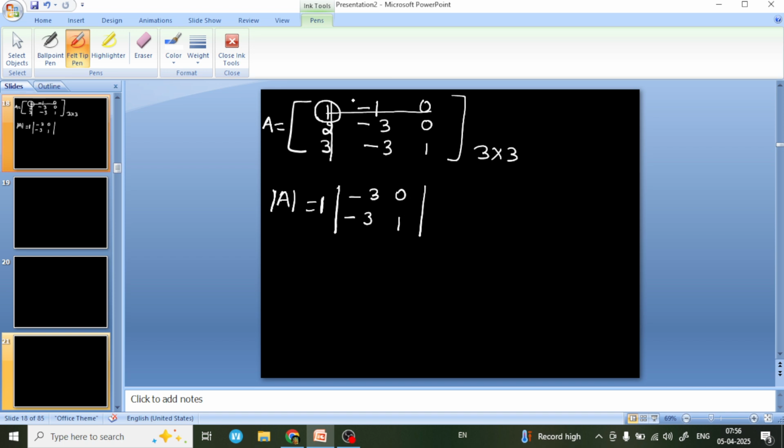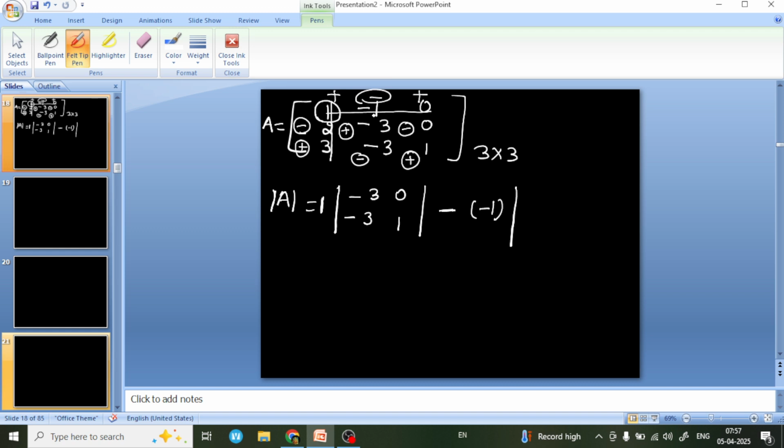Now you have to take signs like this: plus, minus, plus, minus, plus, minus, plus. Now you can see here the sign will be minus. So take here the minus symbol. And now take -1.